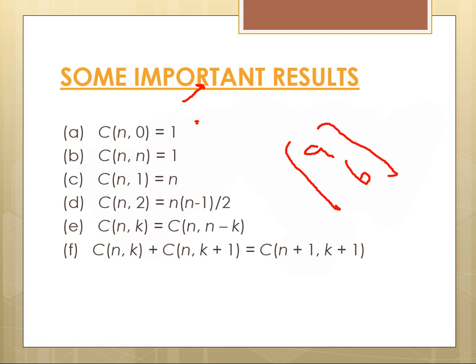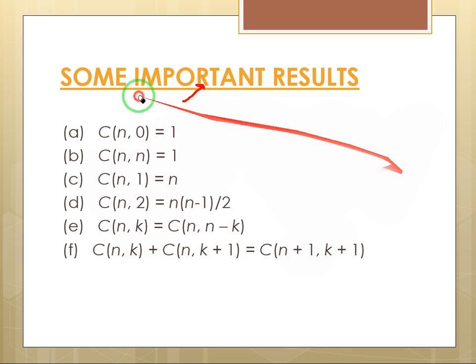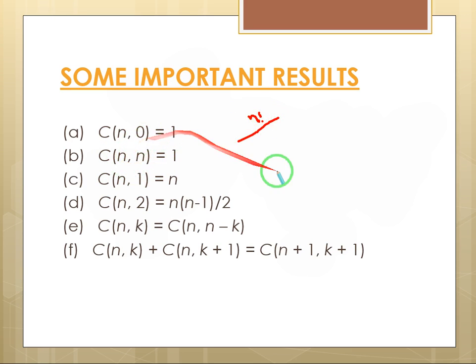Coming to some important results of combinations which will help you. When we have C(n,0) combination, it will always be 1, and C(n,n) is also always equal to 1. So how is it going to be 1? Again I'm solving with this one: n factorial divided by (n minus 0) factorial into 0 factorial.